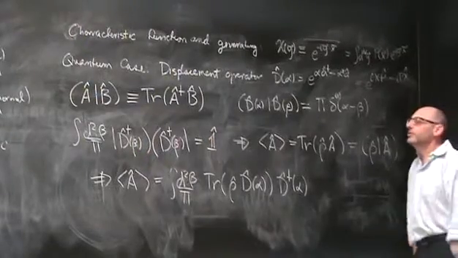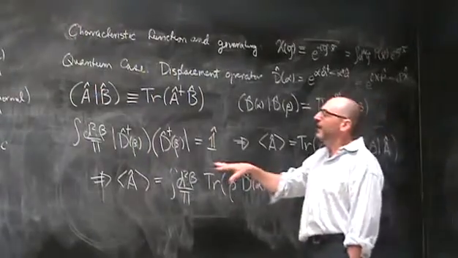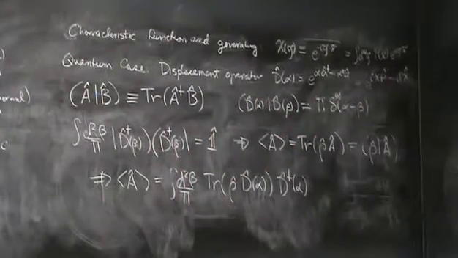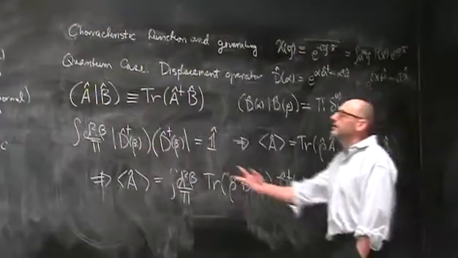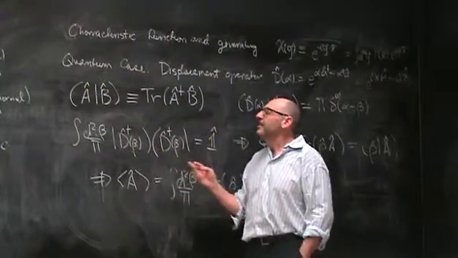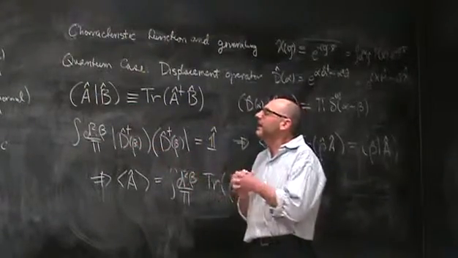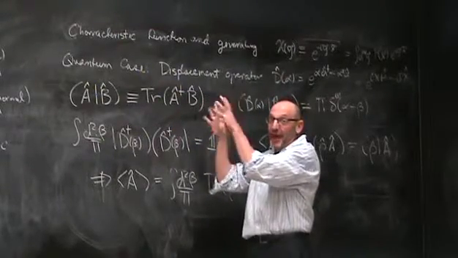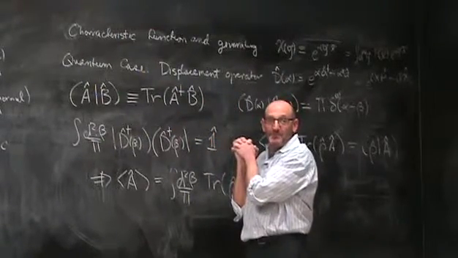And as I said, it's sort of by tradition, we look at the D daggers as opposed to the D's as the orthonormal set. But this set is a complete set of projectors onto operator space, okay?